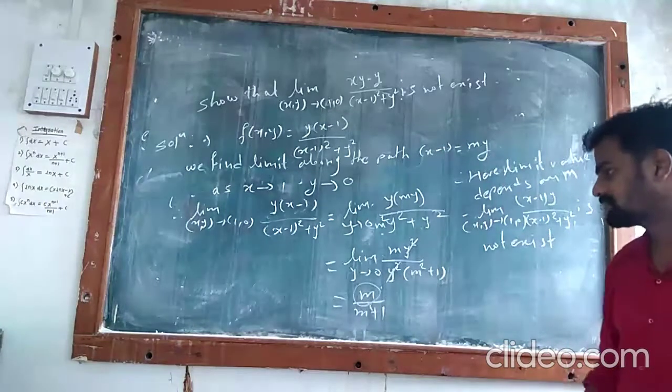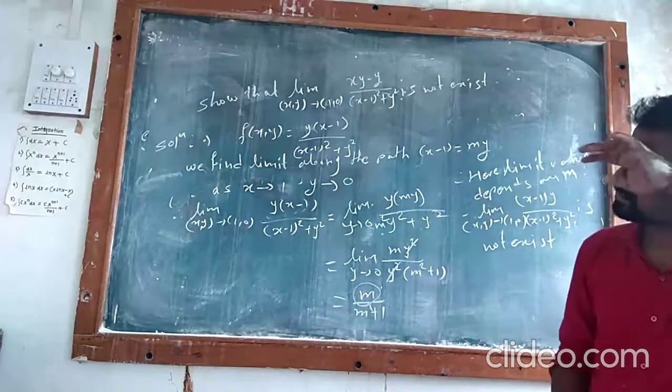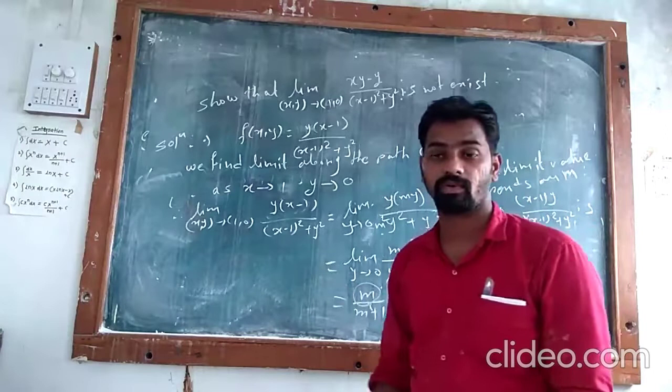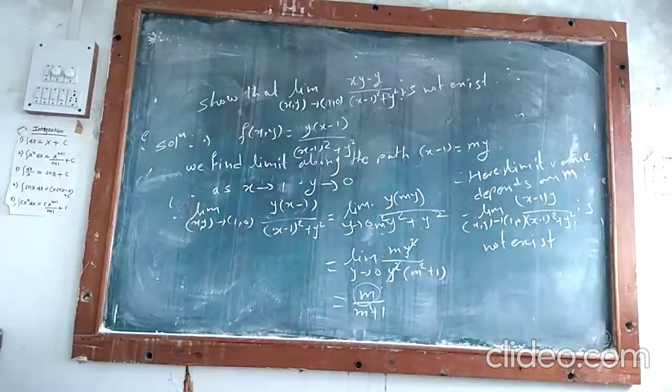If we change the path, then we have another limit. Okay. Now, the next point is the limit using Euler formula.